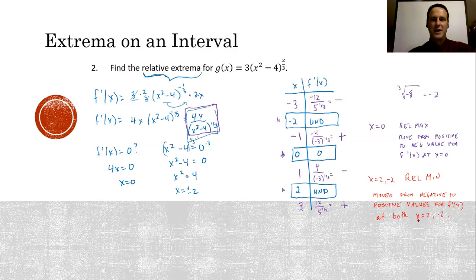All right, so these undefineds come into play. You cannot just avoid those. And while we understand that there are no derivatives there at 2 and at -2, that doesn't mean that we don't have maxes or mins at those locations. So keep that in mind as you're working through your first derivative.